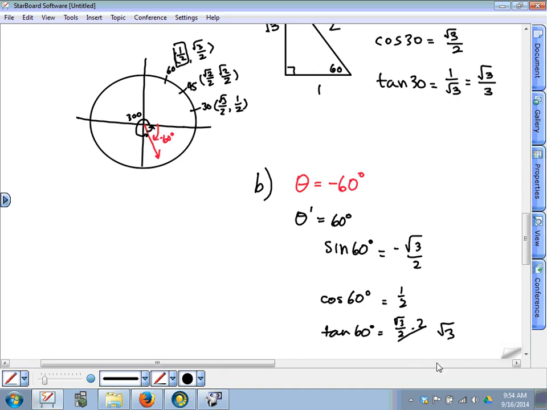But we're in the fourth quadrant, so it's got to be negative. It's negative square root of 3. So there are a whole bunch of problems like this to practice on your homework. Without a calculator, you either use the unit circle or you use the special triangles.